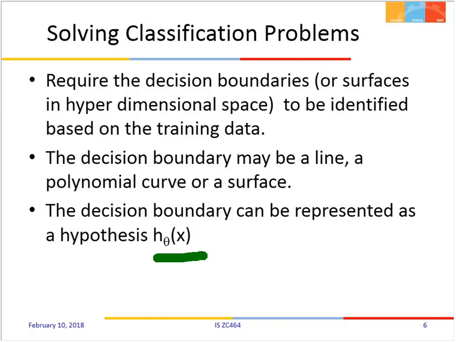So we do not have to calculate those parameters ourselves. We have to think of a strategy, an algorithm, through which the system is capable of estimating those parameters from the data which is given as training data.